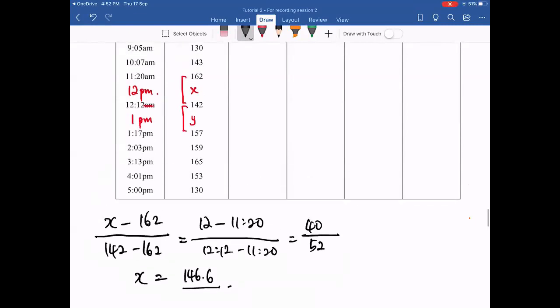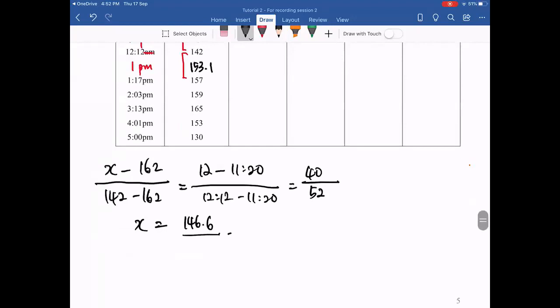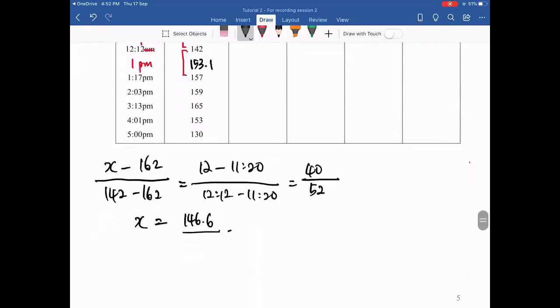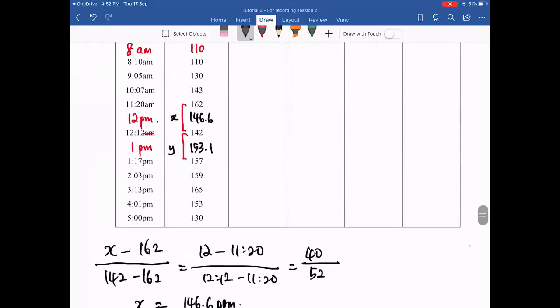Okay, so in that case, your x here will be 146.6 and your y here you get something along the line of 153.1. Okay, so this is in terms of ppm. Okay, so in case you're wondering what is y, x and y.